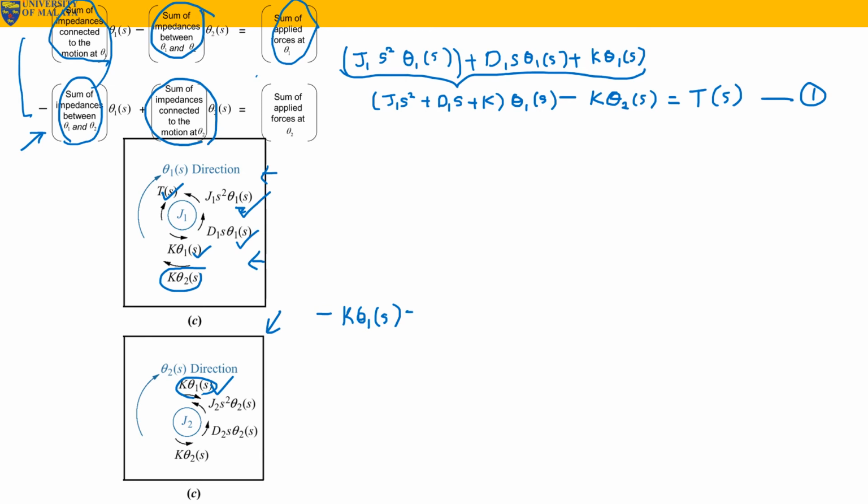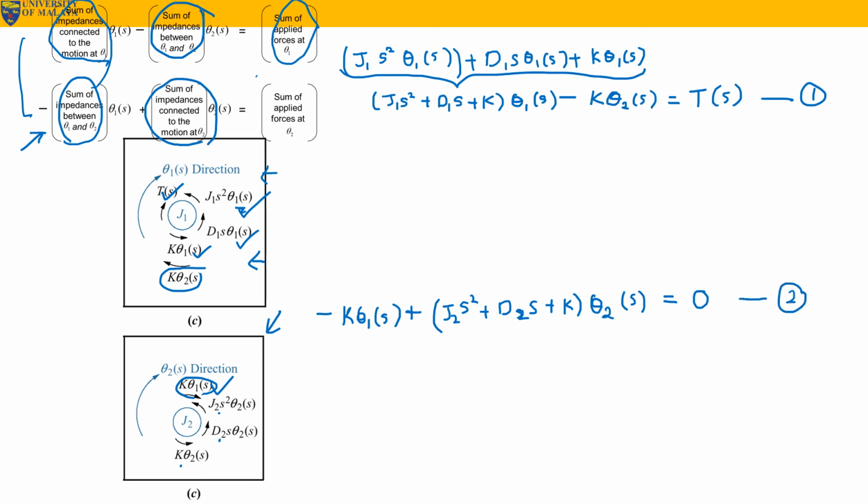So here we would have plus J2 S squared plus D2 S plus K, and this whole thing is multiplied with theta 2 of S, and this is equal to the torque applied at theta 2, which in this case is just 0. So this is our second equation.